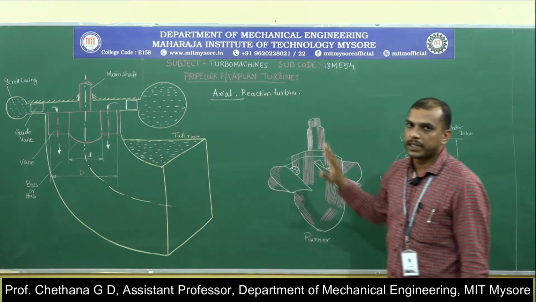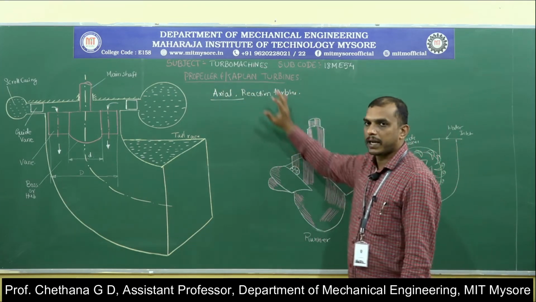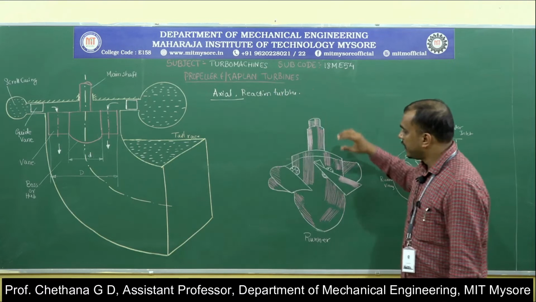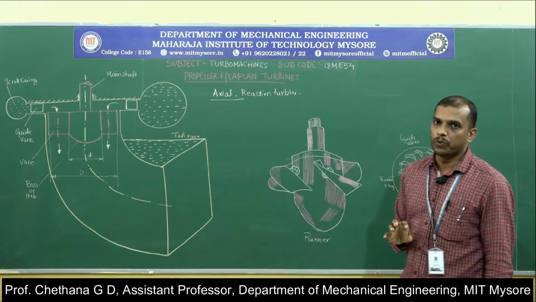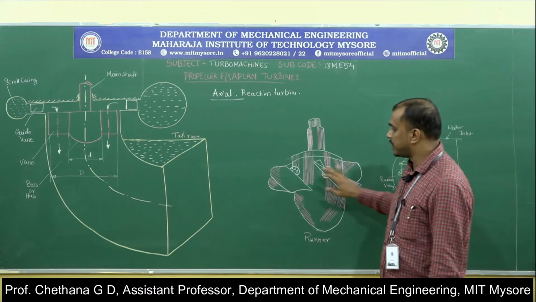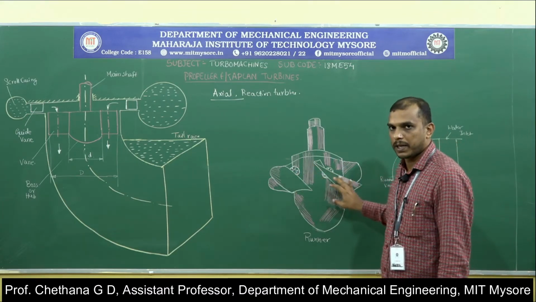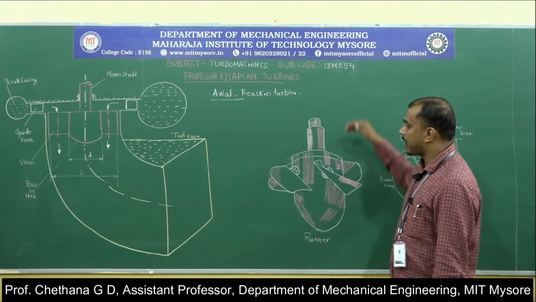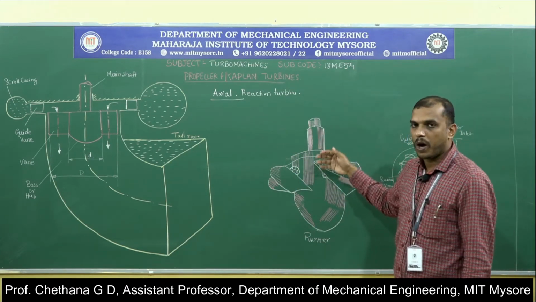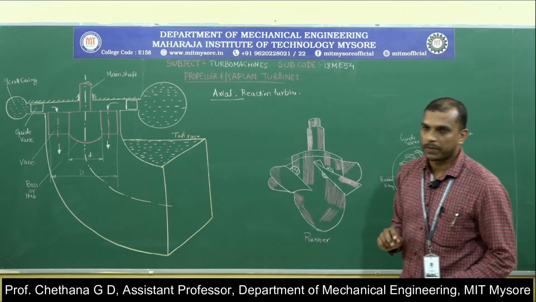The only small change between a propeller turbine and a Kaplan turbine is that in a Kaplan turbine, these blades can be moved, okay. These are generally moved automatically by a servo mechanism, so that at all flow rates water enters without a shock.